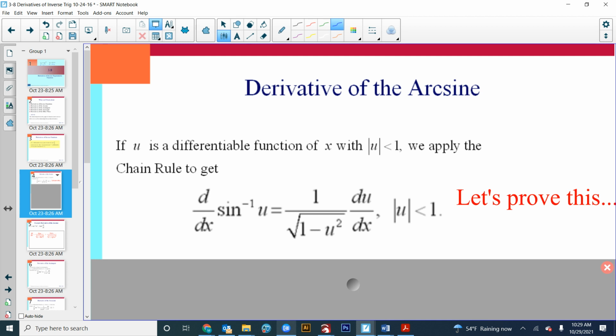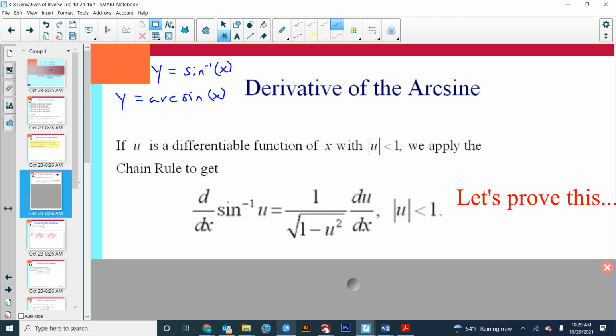Do you remember that? Did you write it as sine inverse of x? Did you write it as y equals arc sine of x?